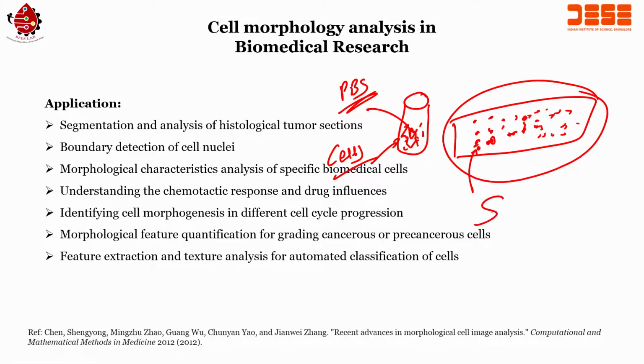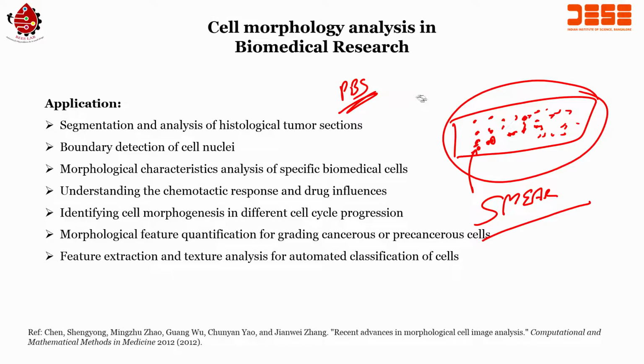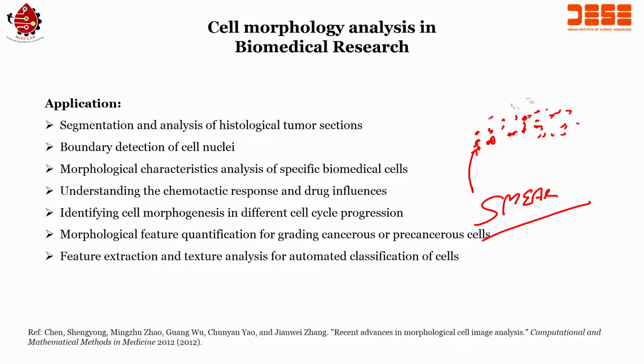This is with the help of smearing the cells. You understand, when you take the cells from the oral cavity, place them along with PBS, and then take them out and smear them, you will find clumping of cells, and clumping of cells will not help the oncopathologist to clearly identify whether there is a change in the morphology of the cells or not.